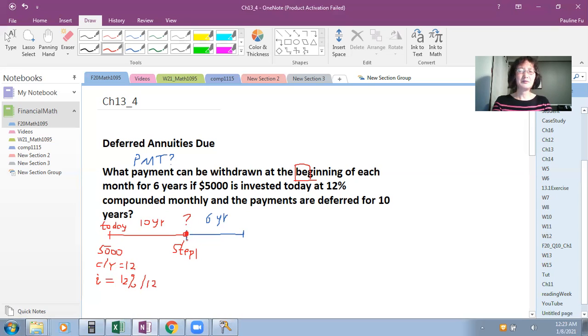And step 2, figure out PMT for the annuity. This is step 2, figure out PMT. Okay.